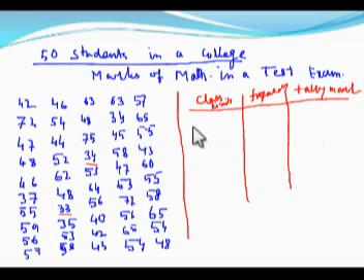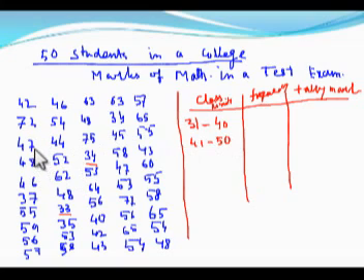So class limits, I am taking the minimum we are getting, 33. I am taking 31, a class limit 31 to 40, and then we will get a limit 41 to 50.